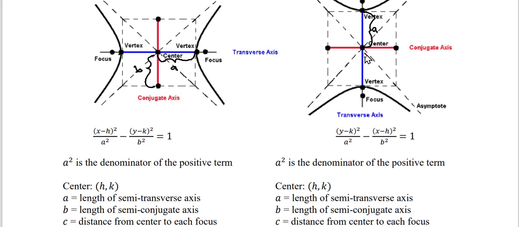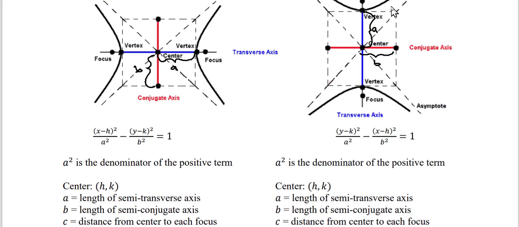That's this and this. The easiest way to do this really is to go out these distances and create this rectangle here. That helps us find our asymptotes. That helps us find what the width of this graph really looks like.